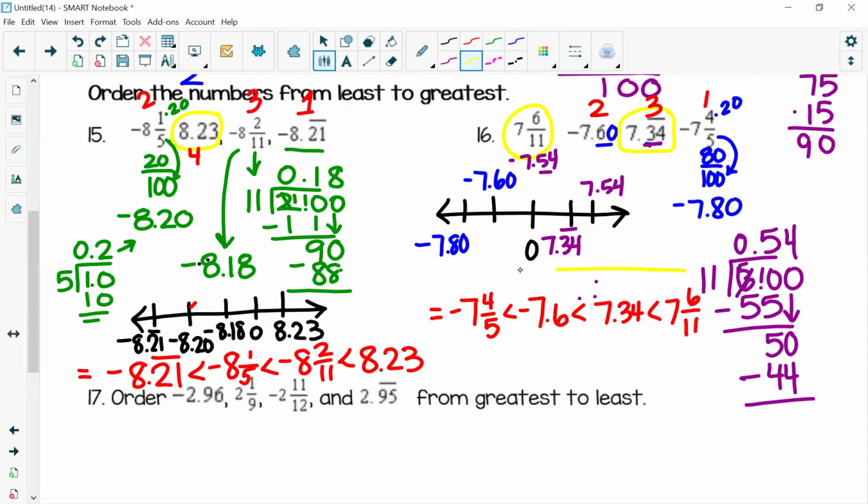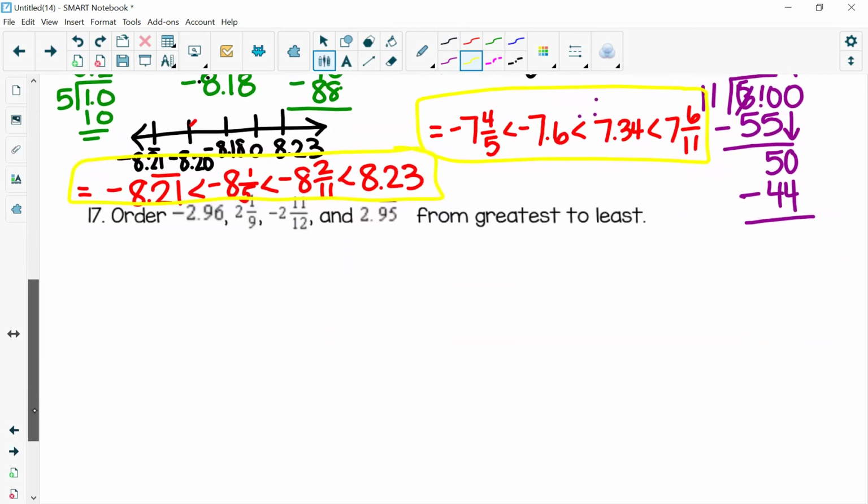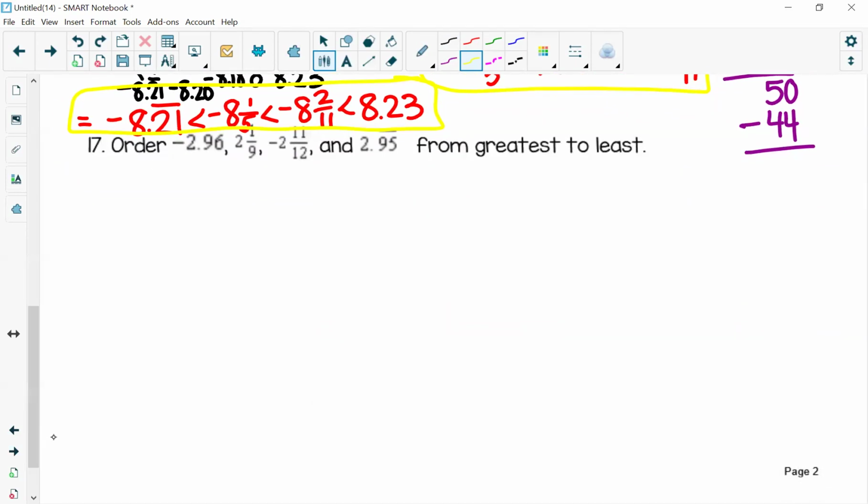Okay, there we go. That should not have taken that long. Okay, I have that one, and I have that one. Least to greatest. And I have this last one, but if you look, I'm going greatest to least.